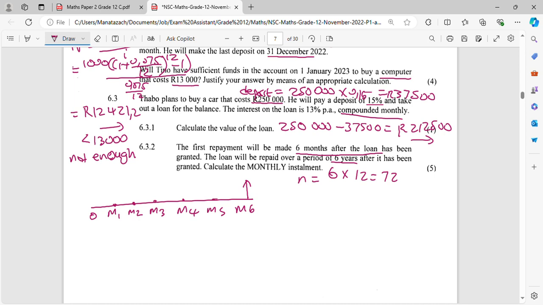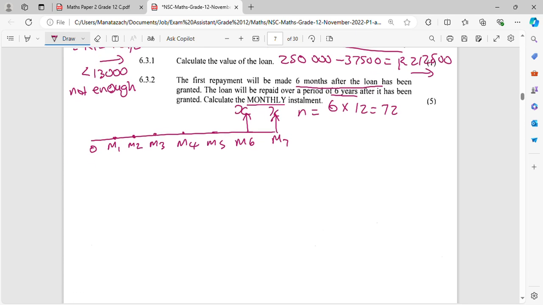So when you calculate the monthly installment, we have to find the present value a month just before he makes his first payment. So from month number 6, going on up until the whole of 6 years, he would start paying an X amount. That's the X that you need to work out.